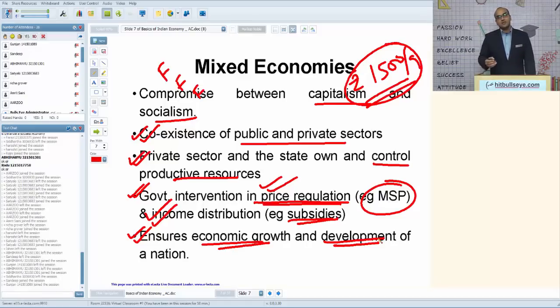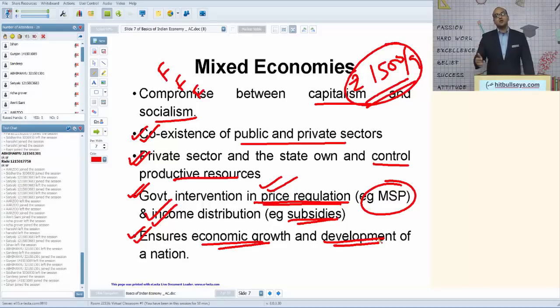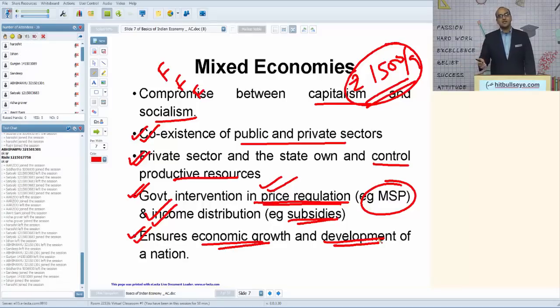It is only the government of India or the state government which will establish a school in a small village of Bihar, and the government does not expect the private sector to be contributing over there. So wherever it is needed, the government will intervene to ensure development of the nation.